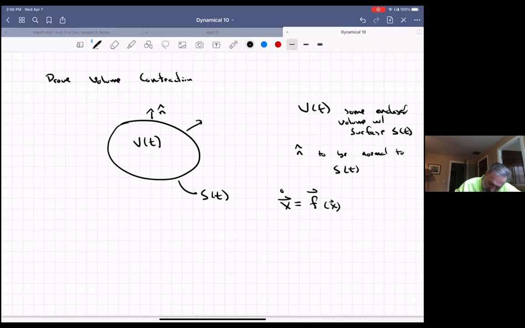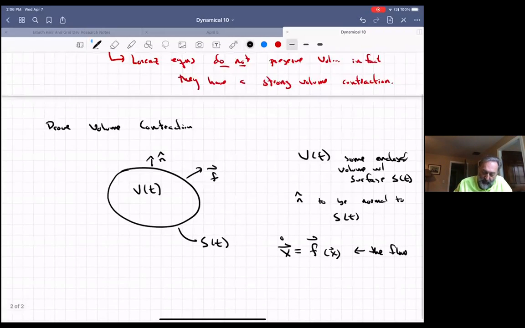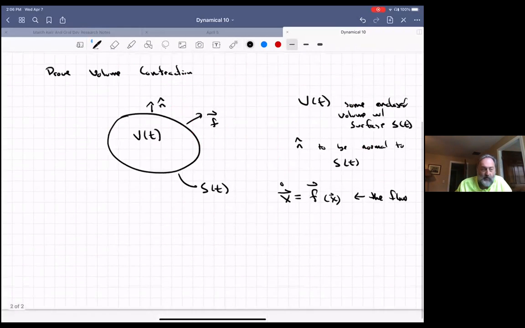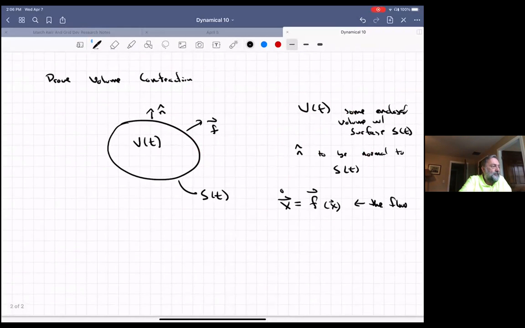And so f vector is the flow. Okay. So f vector are these equations, right? So we're basically saying that those are the Lorenz equations. I'm just going to tighten them down into one thing. Good?